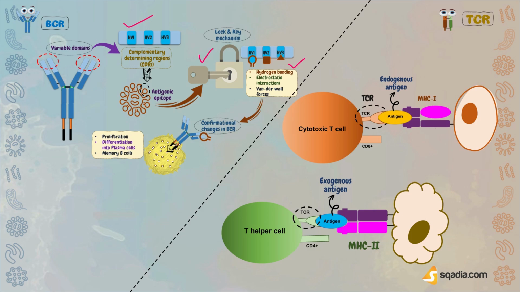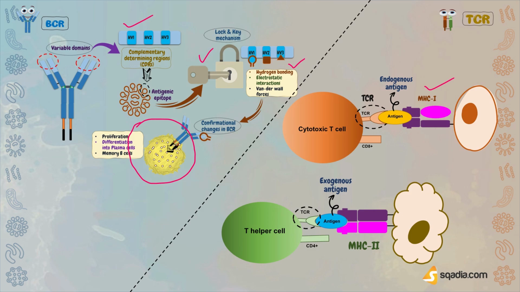The affinity and the specificity of these interactions are crucial for the effectiveness of the immune response. But once it's done, it activates a signaling cascade inside the B cells and decides a specific fate for the antigen and the cells.